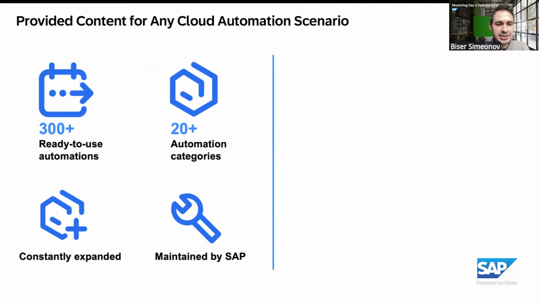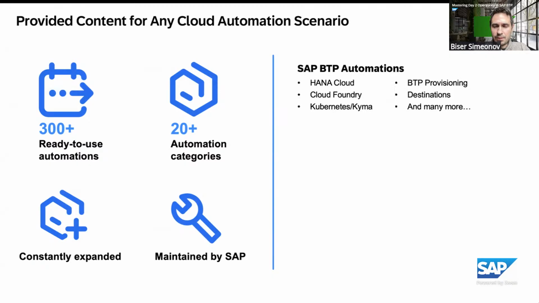And we are constantly expanding the content of automations. So more and more content is going to be provided by our dev team. And no need to say that the content that we provide is maintained by SAP, by our dev team. So in case an API changes, we make sure that the commands that we have delivered are up and running.